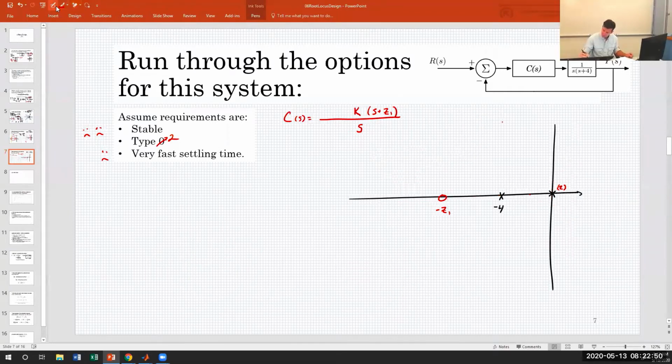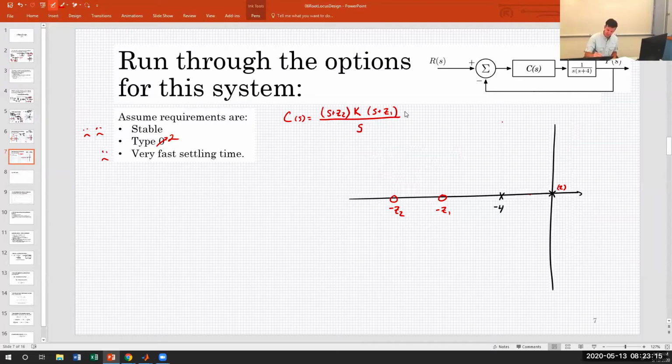So if we add a second zero, now actually this raises the interesting point, that if we have a pair of those, they actually could be complex conjugate pairs. But I think it'll probably make the analysis a little bit simpler if we treat them both as real. But just so you know, now that we have two zeros, they can be complex numbers. We've suddenly opened up that design region for ourselves.